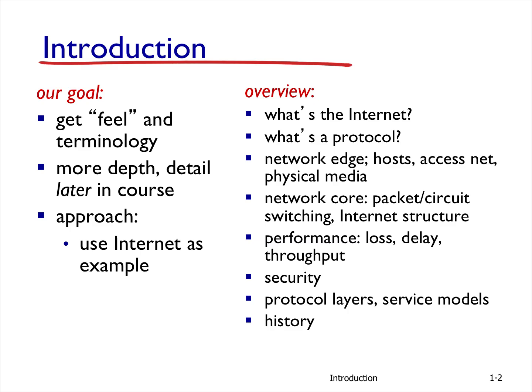Then we'll discuss the core of the network, performance, what do we use to measure the performance, security, and then we'll talk about the protocols and the different layers. There is a part about history. I'm not going to address it in the lecture, but you have it in the slides if you want to go through what was the history of the internet. So we are doing all of this and taking the internet as our example of communication network, okay?